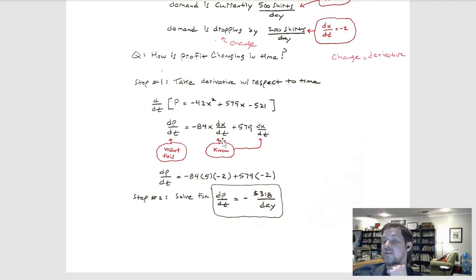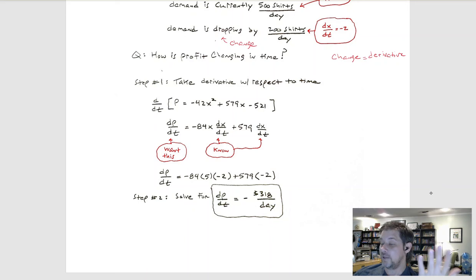Okay, so we'll use the same steps as in the other problem. I have my operative equation. I'll take the derivative with respect to time, with whatever the rules are. That's what this d over dt means. Now, what's the derivative of p? Like this, just the lone variable p.